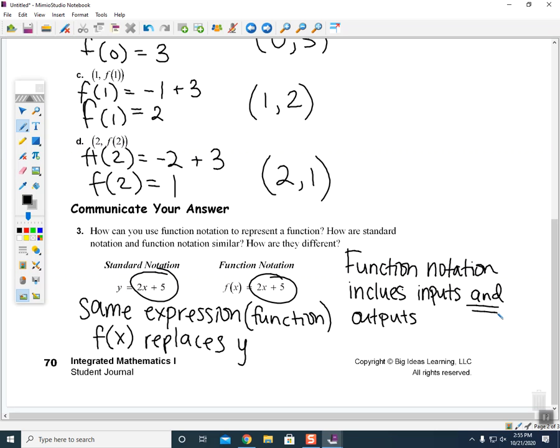When I look at this, I know that my input values are x. I'm going to get something out that's f of x. So my function notation will include my input values as well as my output values. Input values and output values. It has both.